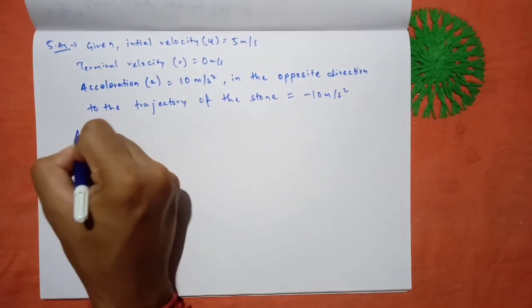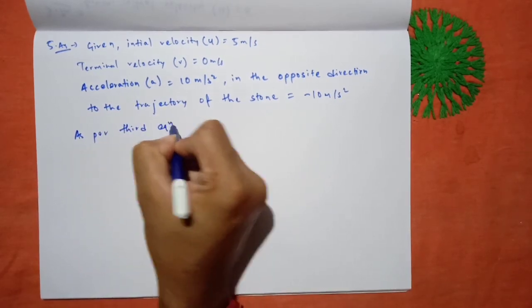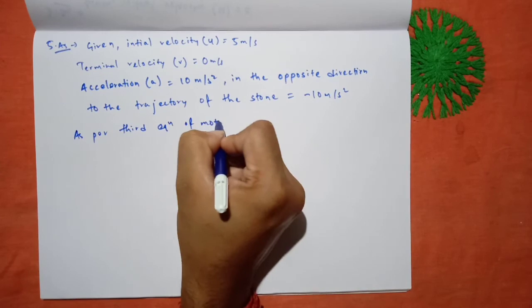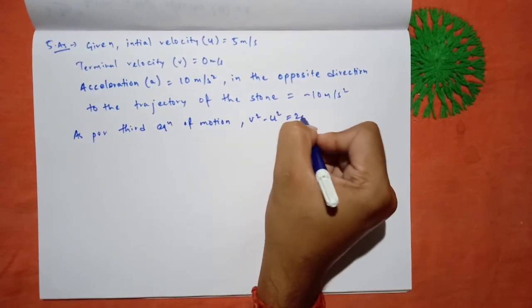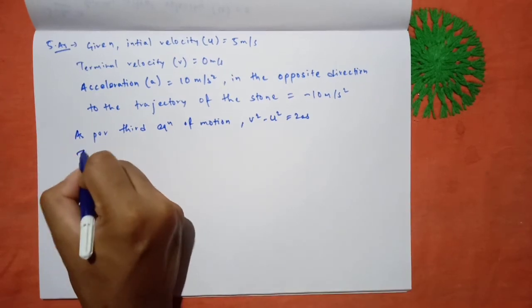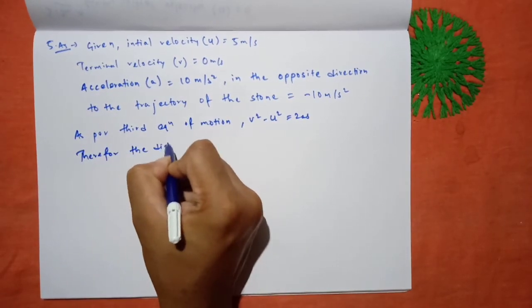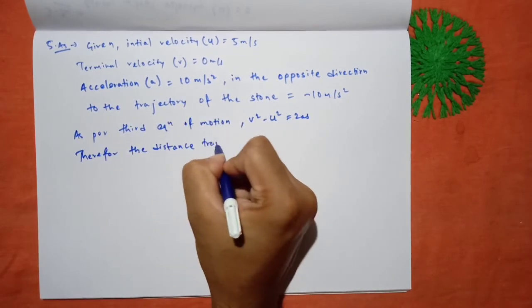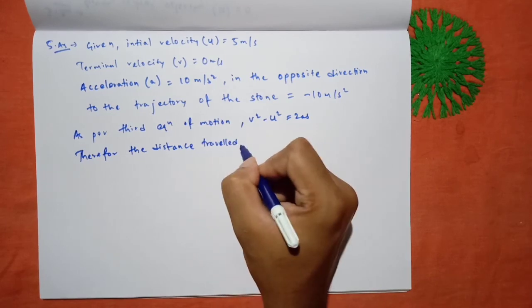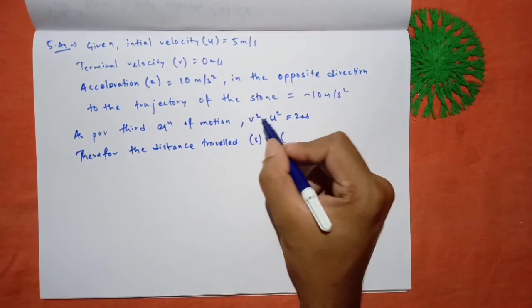Now as per third equation of motion, v square minus u square is equal to 2as. So therefore the distance traveled by the stone is as equal to, what is v?